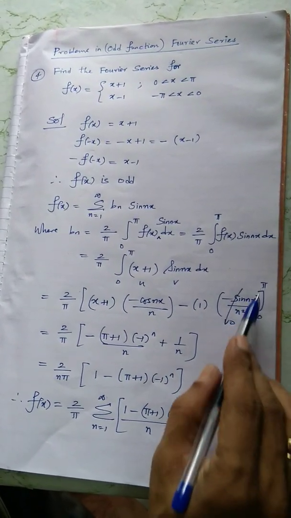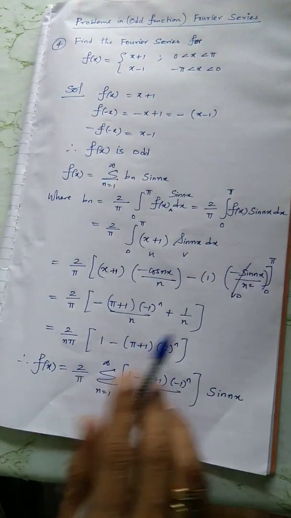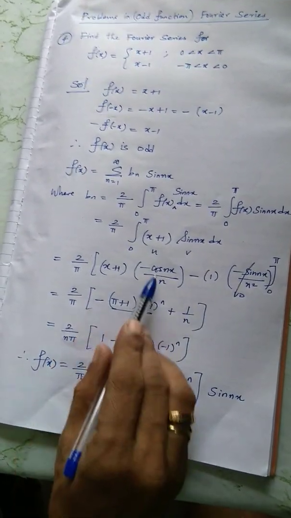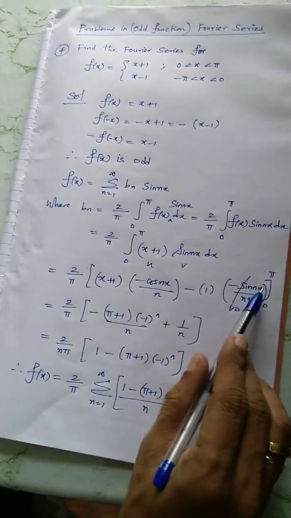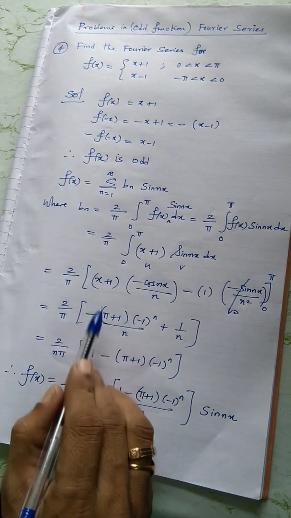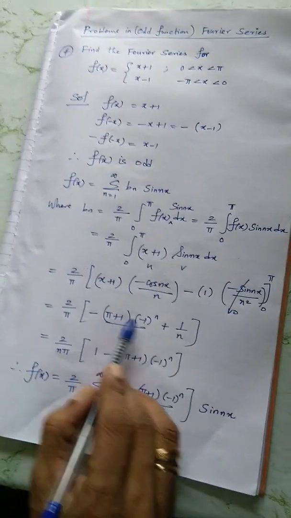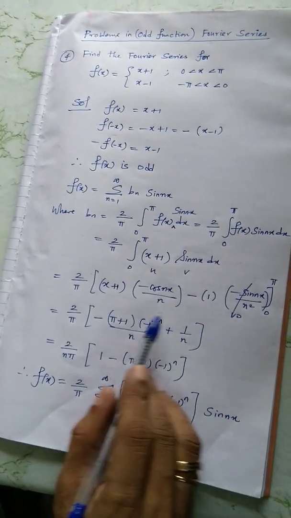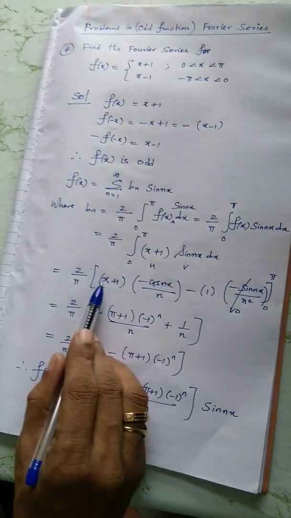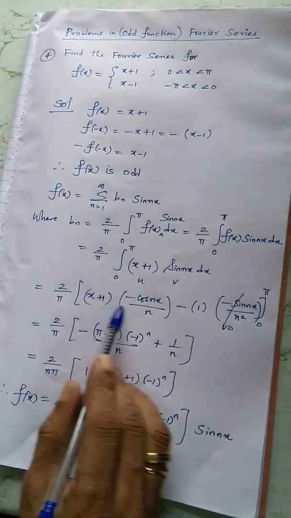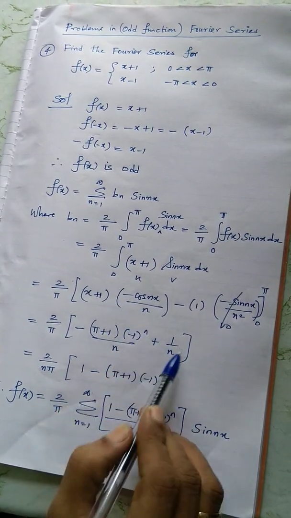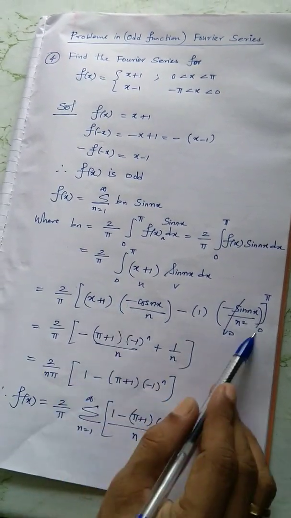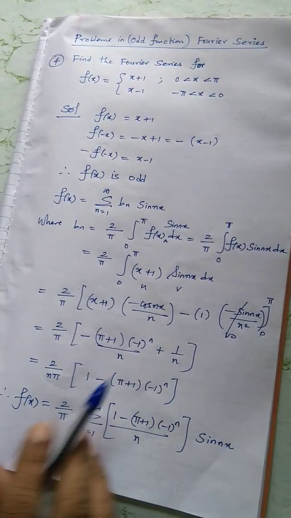If I substitute the upper and lower limits, this particular term completely collapses, and when I substitute the upper limit, take out the minus symbol: pi plus 1 cos n pi, minus 1 power n, divided by n. For the upper limit, negative symbol, pi plus 1 divided by n. For the lower limit, there is a minus, so plus 0 plus 1, so 1 only. So cos 0 is 1, 1 by n. Remember, there is already a minus symbol, and the lower limit brings one more minus symbol, so plus.